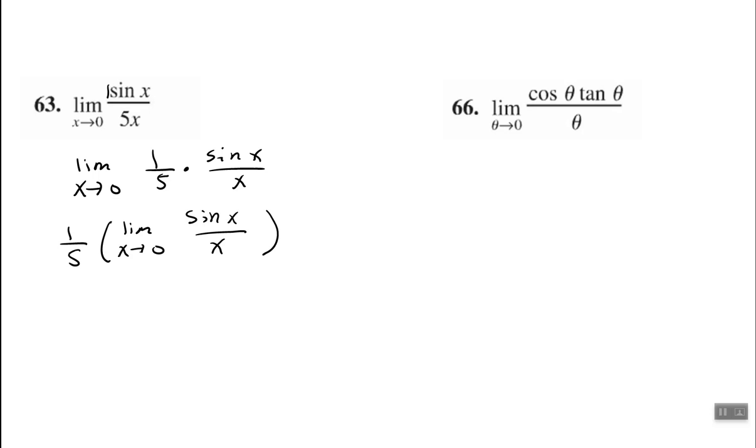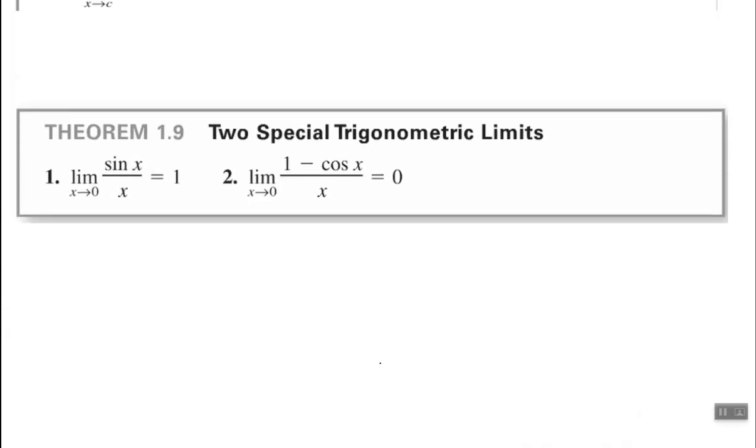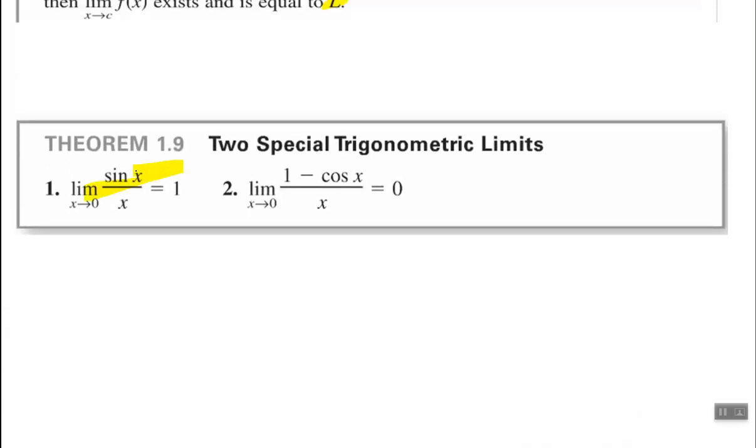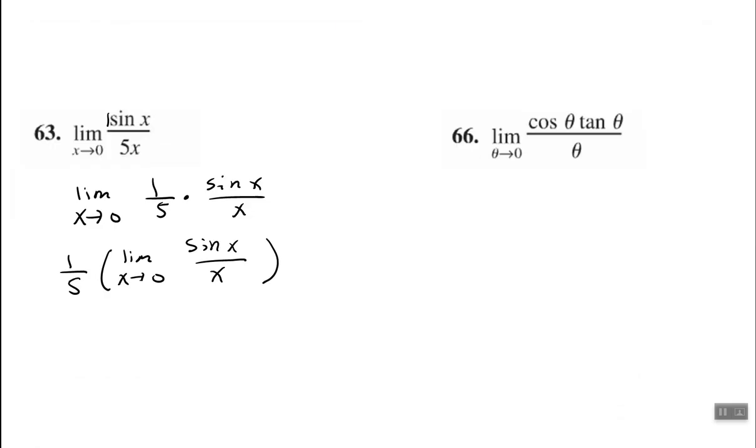So if we go back to the page before, we have this theorem here that says the limit of sine of x over x as x approaches 0 equals 1. So I know that this whole thing here equals 1. So 1/5 times 1 equals 1/5.